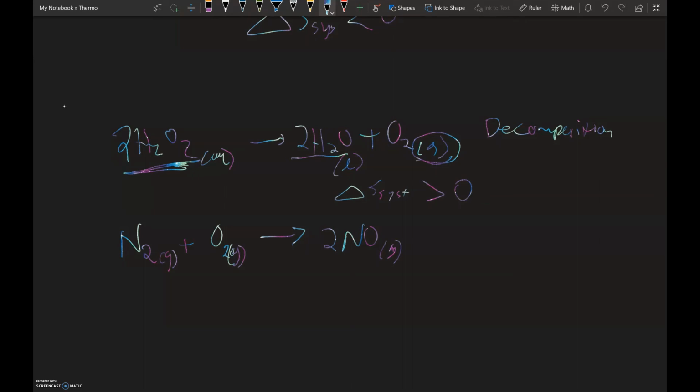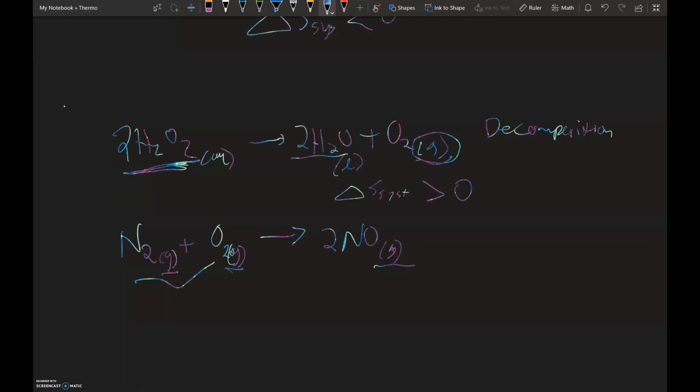Now, if we look at our third example and focus on the physical states, we have gases for the reactants and gases for the products, and we also focus on the number of moles. Since they're all the same physical state, there has to be something that helps us determine whether the entropy is going to increase, decrease, or potentially stay the same.